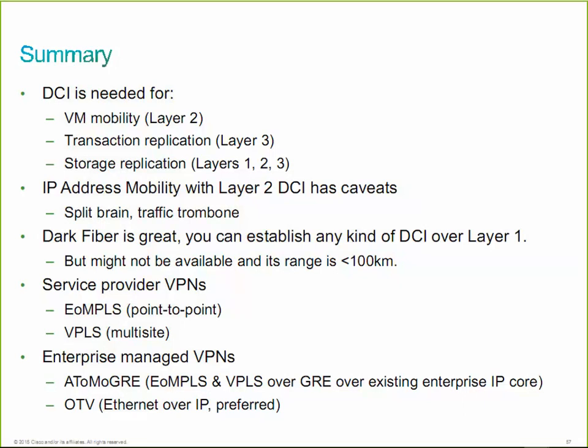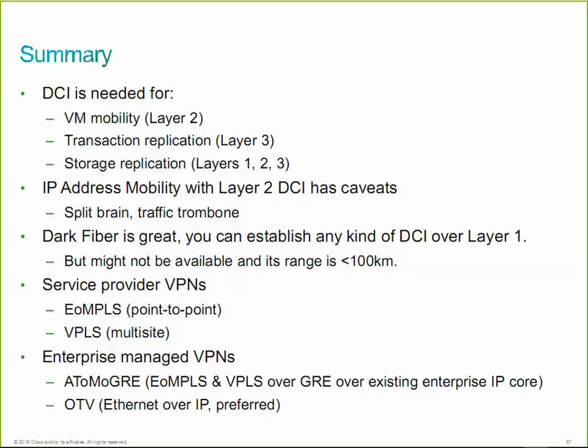So if we want to run over a service provider VPN, either everything over MPLS or VPLS, which provides our multi-site functionality, we have to run other DCI flavors, right? And we can use everything over MPLS or VPLS over GRE with an IP core, simulating the pseudowire connectivity over a layer 3 domain.